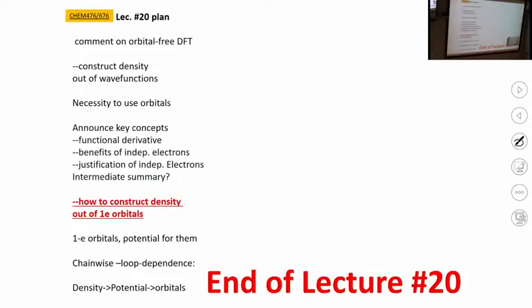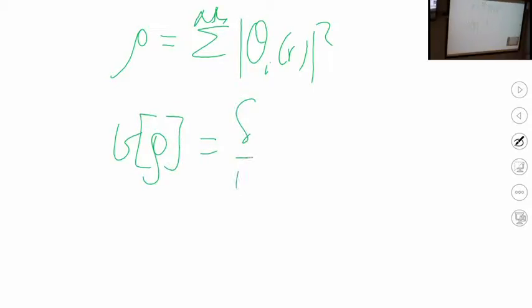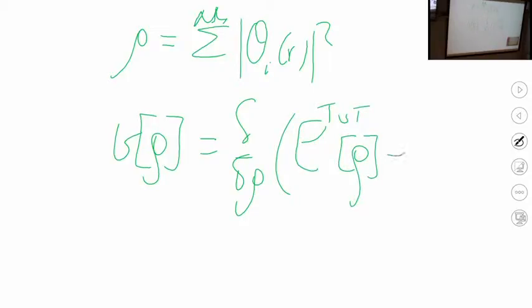No, it's not the end yet. No, do not believe it. So, rho equals summation theta i of R absolute value squared, number of electrons. The V as functional of rho is d rho total energy as functional of rho minus kinetic energy.